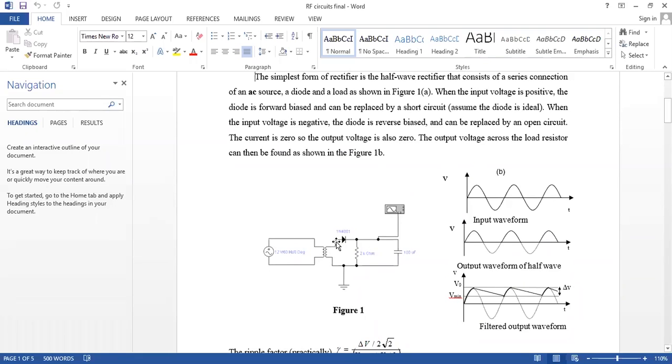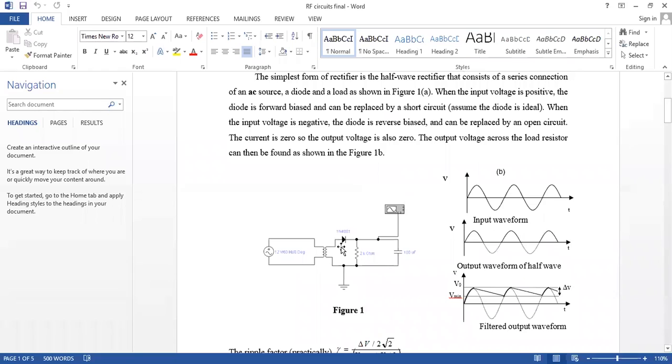For the second half cycle, the polarity changes, so this side is minus and this side is plus for the diode. Minus to plus, so the diode gets reverse biased.